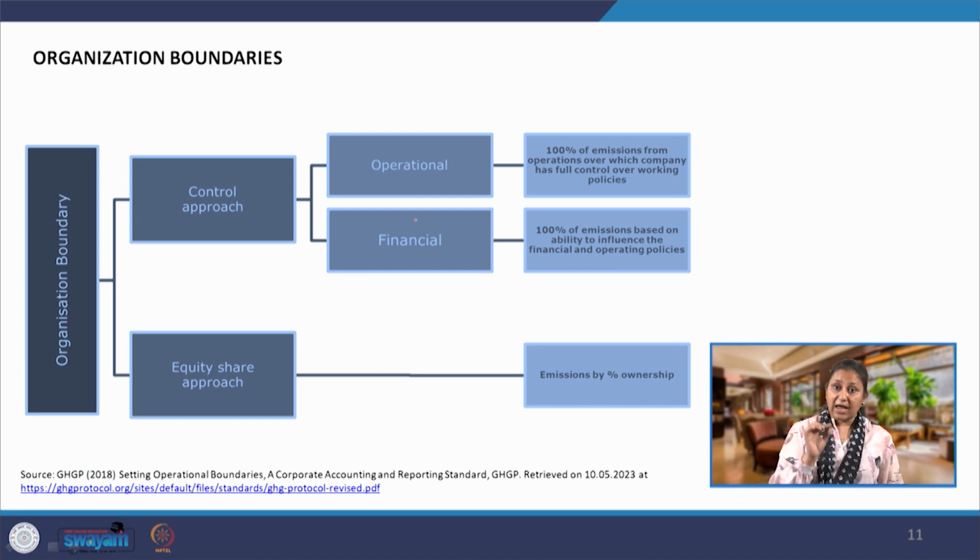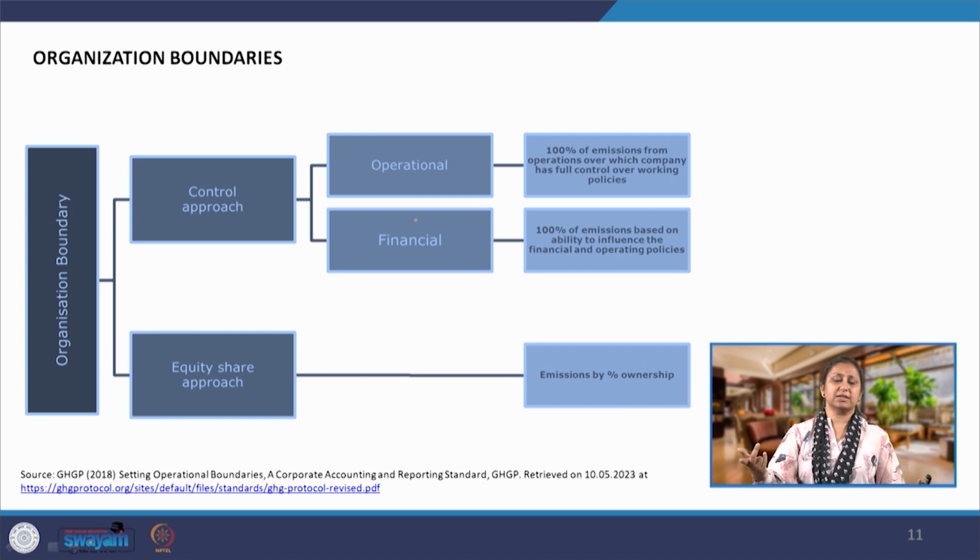There I have some financial control over the operations of that company. In that case, the emissions resulting from this company in the value chain of my company are also going to accrue to the parent company.